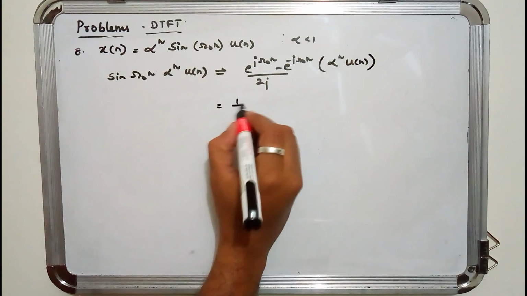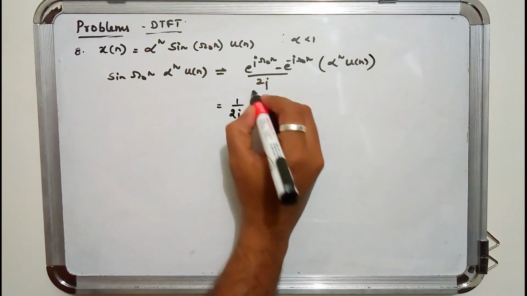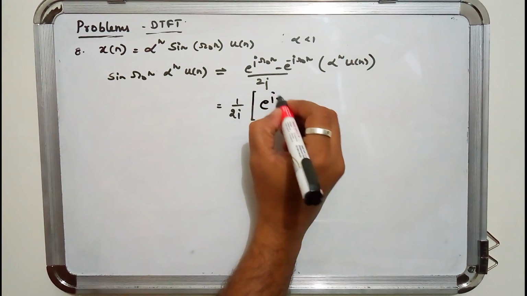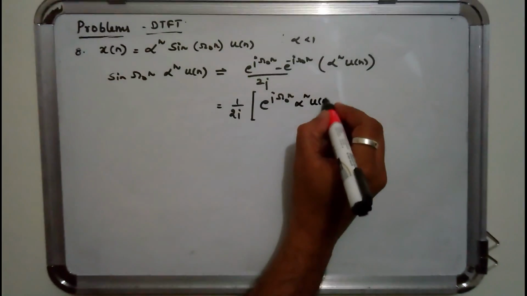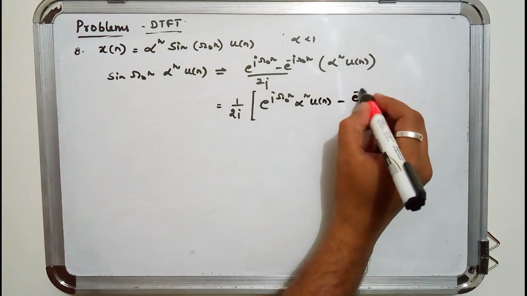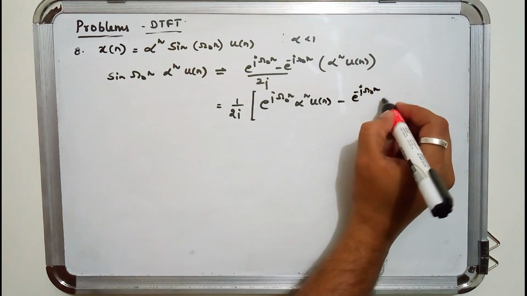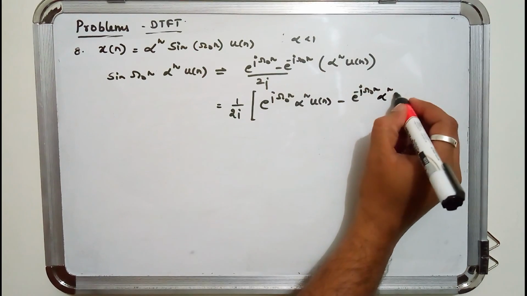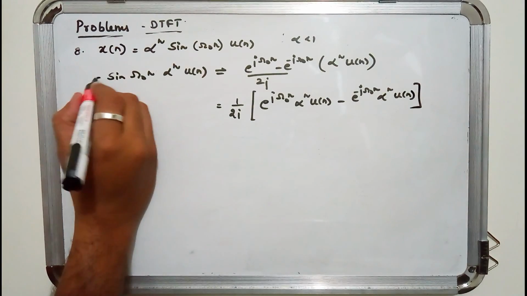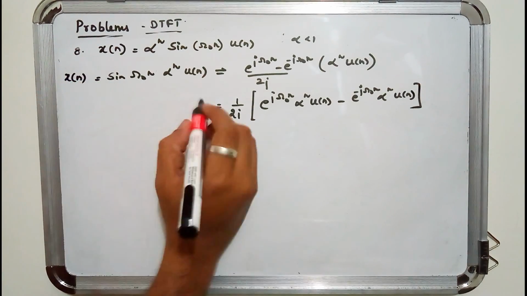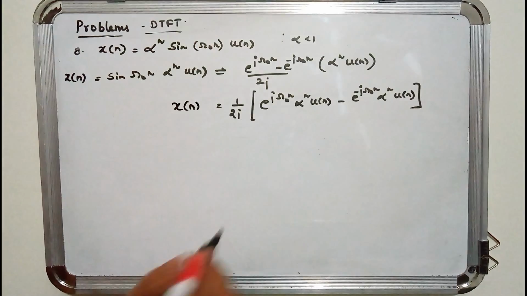So if I take 1 by 2j as a constant, it is e power j omega naught n into alpha power n u of n minus e power minus j omega naught n alpha power n u of n. This is what I get. This is x of n, and this is my final x of n.